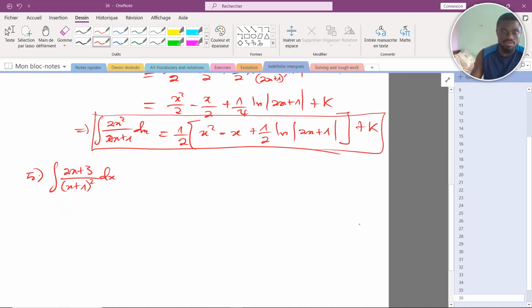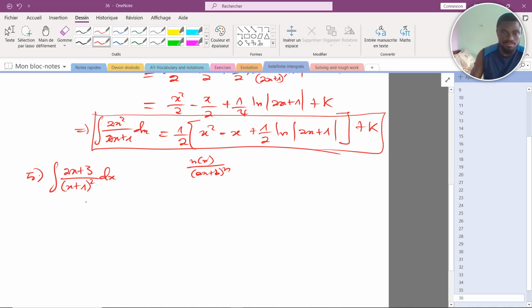Okay, the first thing we have to observe is that this is in the form h of x on (ax + b) to the n. That's the first observation we can make. Now, how is the power of this numerator and this denominator?